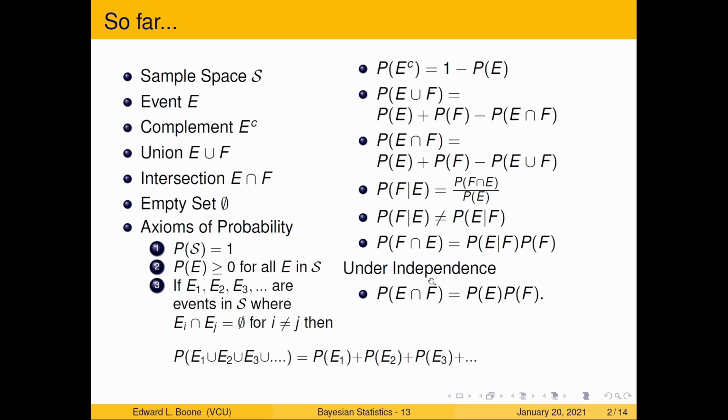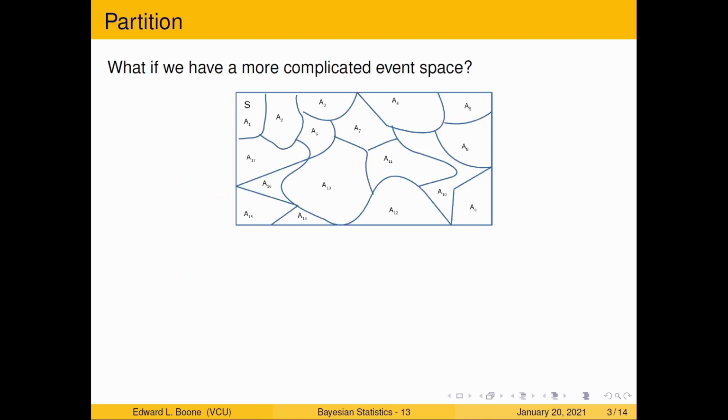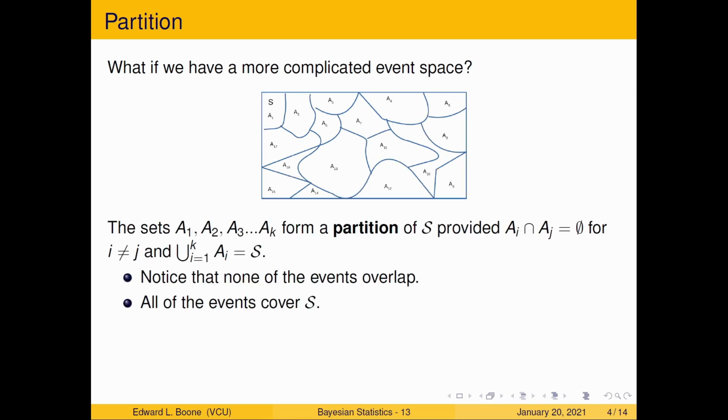All right, so here we're going to go to our next idea, this idea of a partition. What if we have a more complicated event space, one that's not just a single set or event? Well, let's suppose the sets A1 through AK, where sets and events can be used interchangeably, form a partition of S. That means our individual sets don't overlap, that's what Ai intersect Aj equals the empty set means.